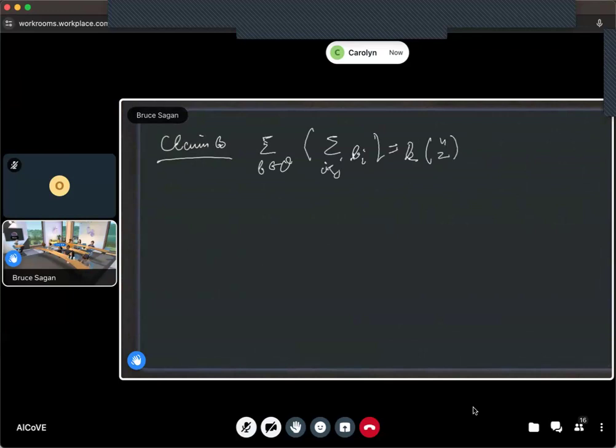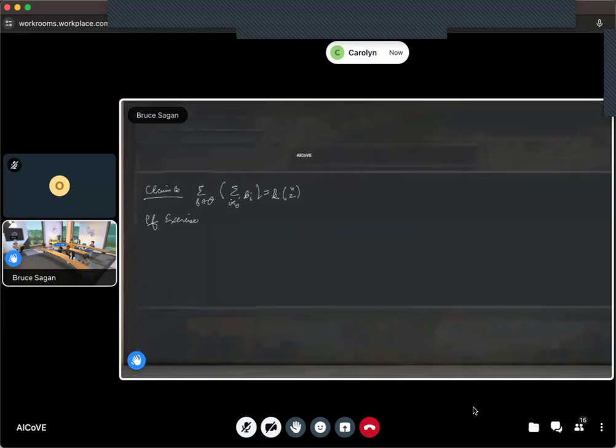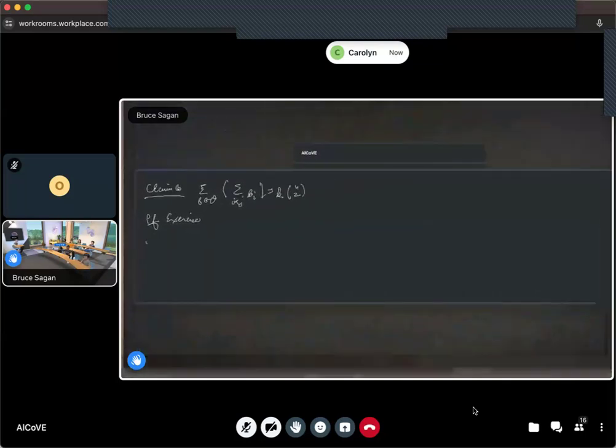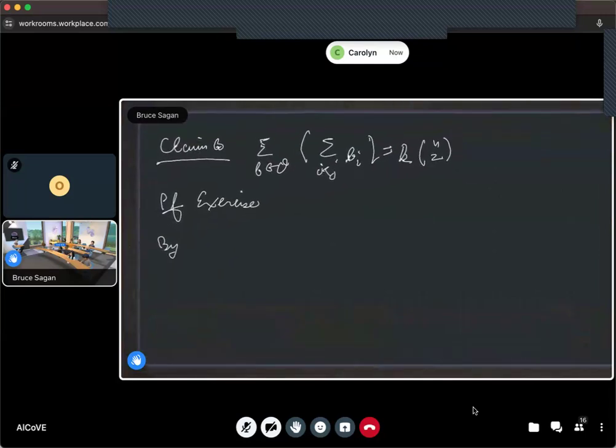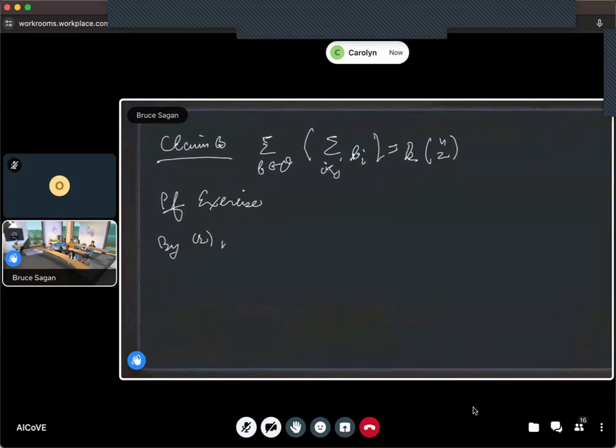And I'm going to put that on as an exercise so you can have some part in proving this theorem as well. So put everything together by equations 2, 3, and claim B.